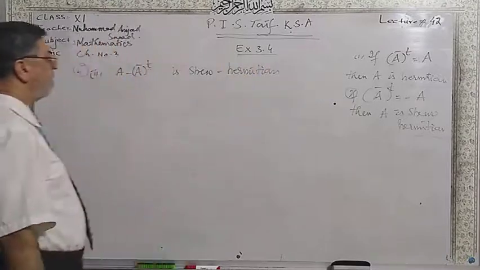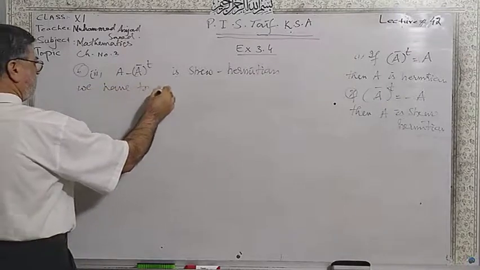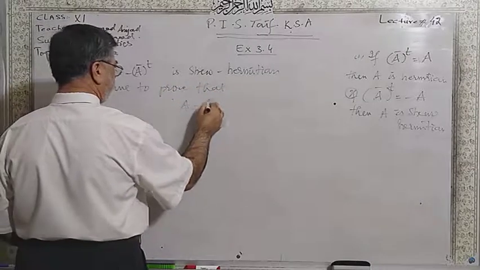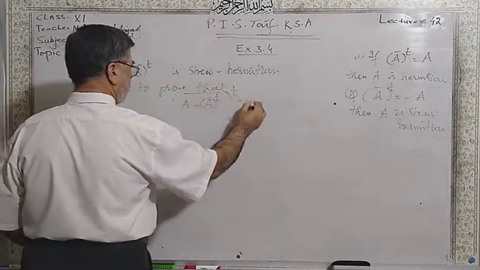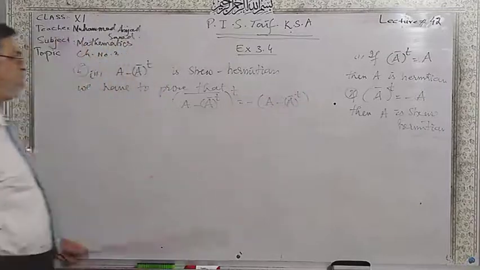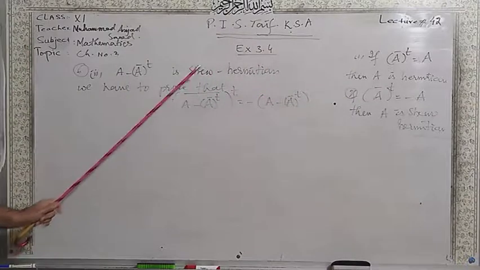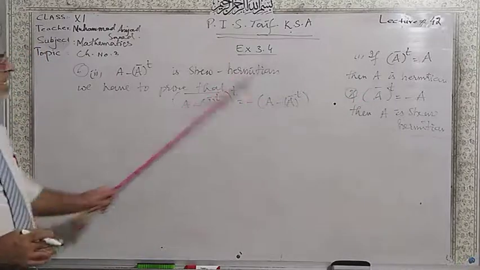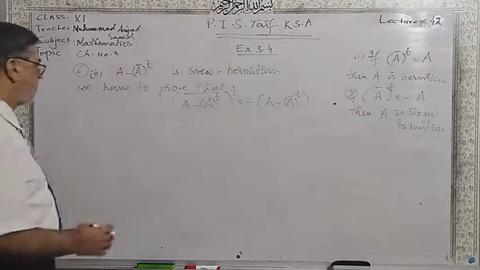We have to prove that A minus A bar transpose whole bar transpose is equal to minus into A minus A bar transpose. Remember that by applying this formula, A minus A bar transpose is just like A.